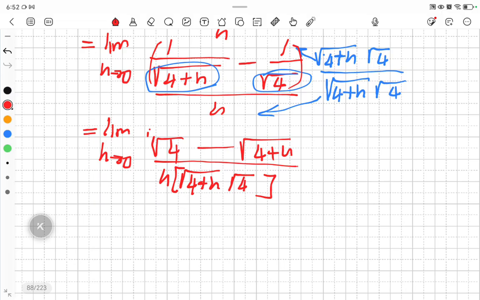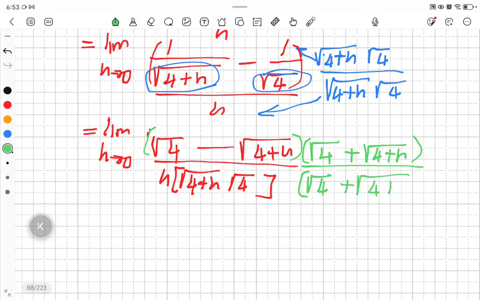So from here we need to rationalize. We have root of 4 plus root of 4 plus h, all over root of 4 plus root of 4 plus h. And then this will be the limit as h approaches 0 of 4, root of 4 times root of 4 will give us that, minus 4 plus h.